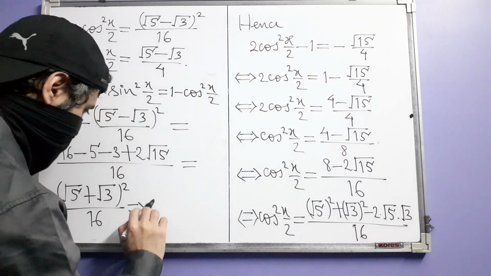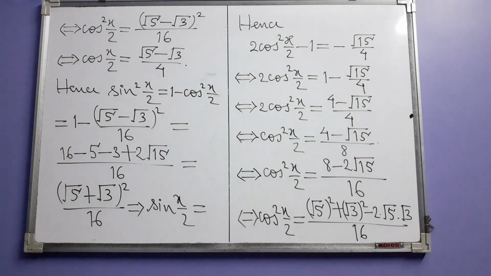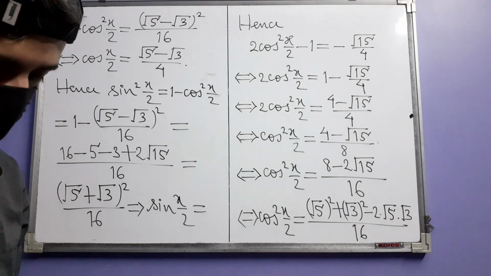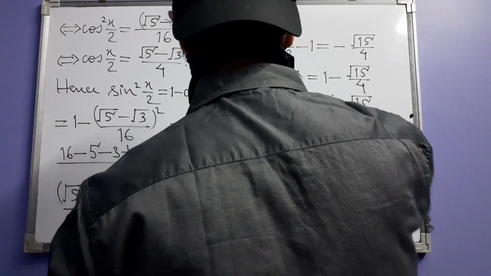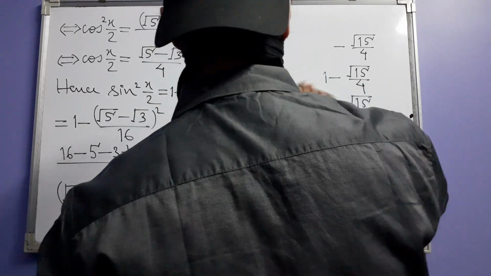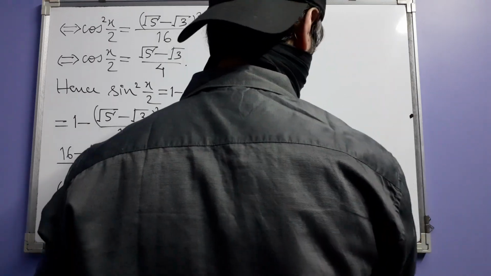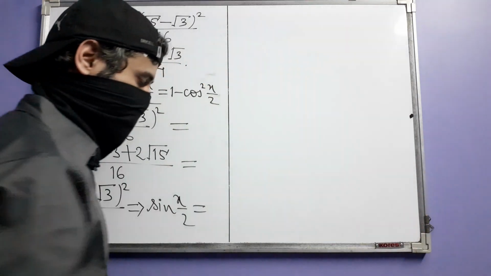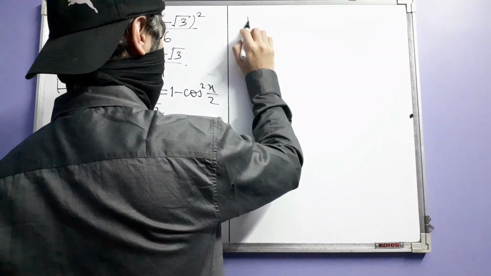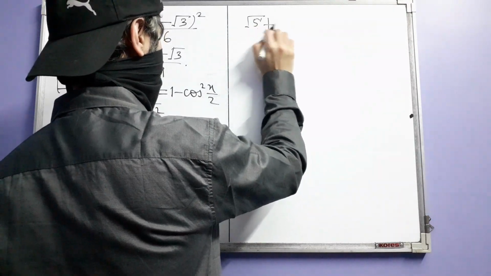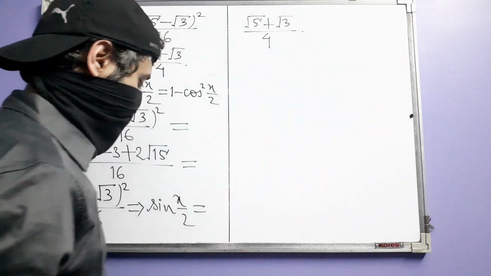And this implies that sin x over 2, that also comes in a nice form. So this is root 5 plus square root of 3 divided by 4.